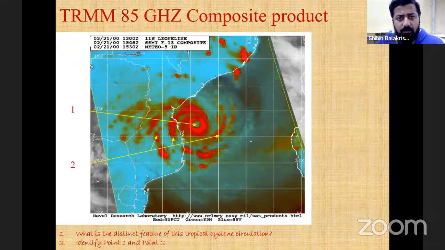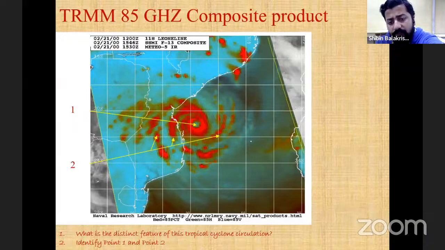Okay, so this is one of the examples which I thought I'll give to whomsoever are participating. You can just look into this image and give your reply in the chat box. I have just demarcated 2 arrows here. You will just let me know what these arrows are depicting, and what this cyclone or cyclonic circulation is.